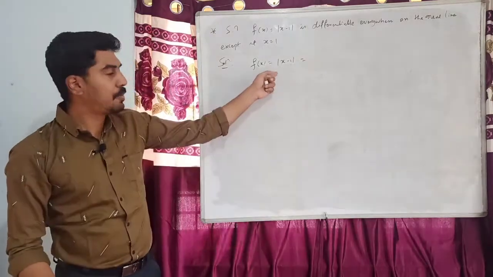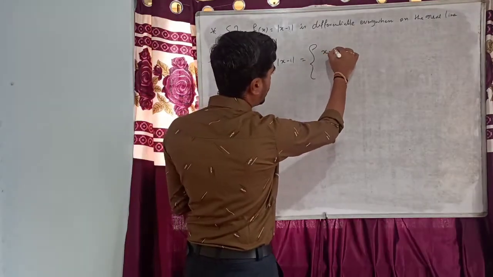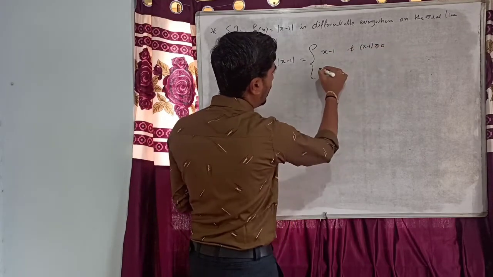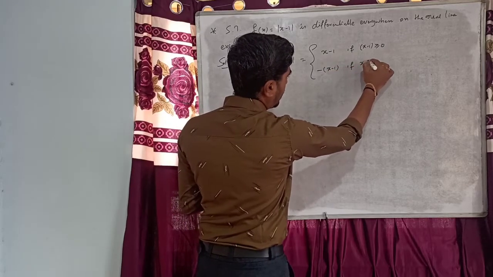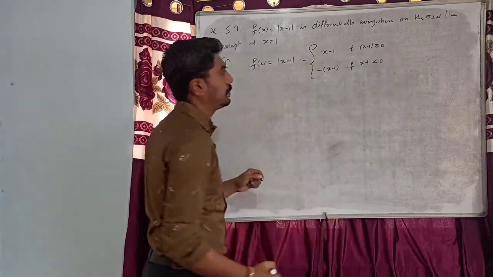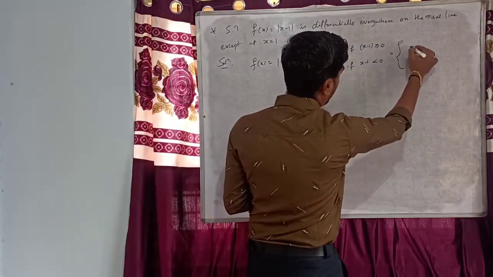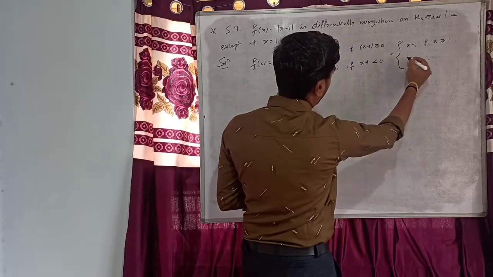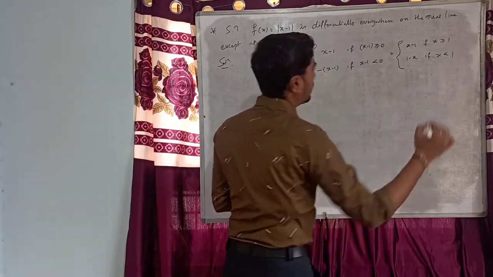By the definition of mod x minus 1, this is equal to x minus 1 if x minus 1 is greater than or equal to 0, minus of x minus 1 if x minus 1 is less than 0. In other words, this is equal to x minus 1 if x is greater than or equal to 1, 1 minus x if x is less than 1.